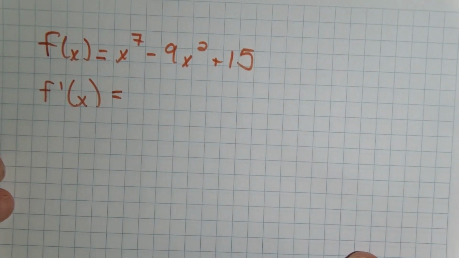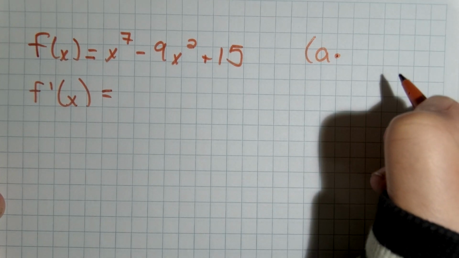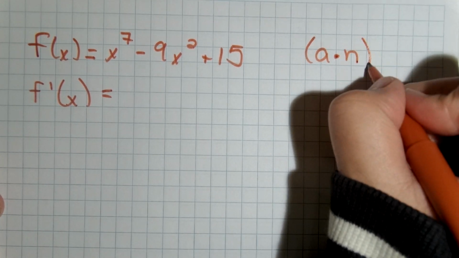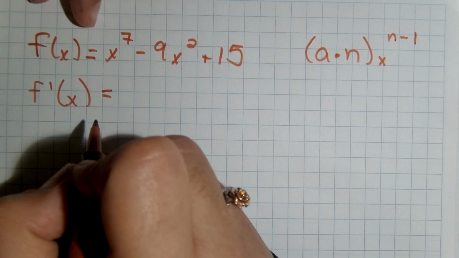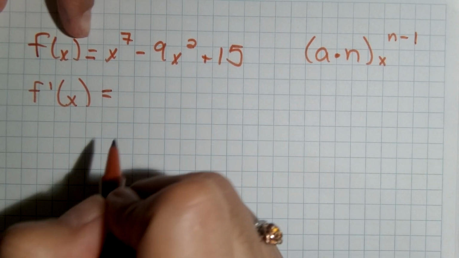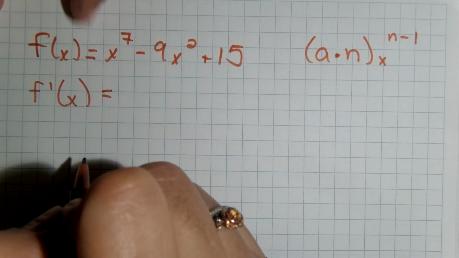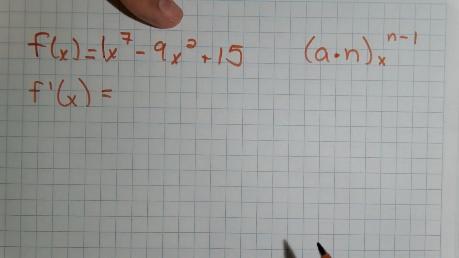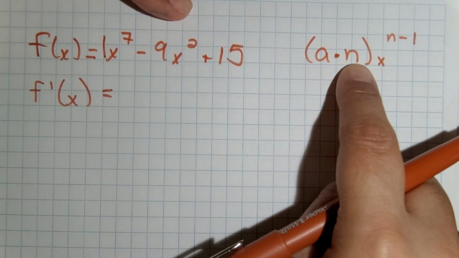Now I'm going to use the power rule. Remember, the power rule says I'm going to take the coefficient, multiply by the exponent, and subtract 1 from the exponent. Okay? What is the understood coefficient here? Right here. 1. Okay? Now I'm going to apply the rule.